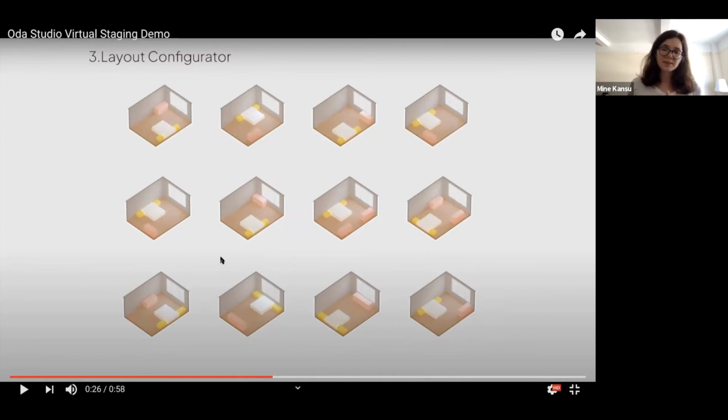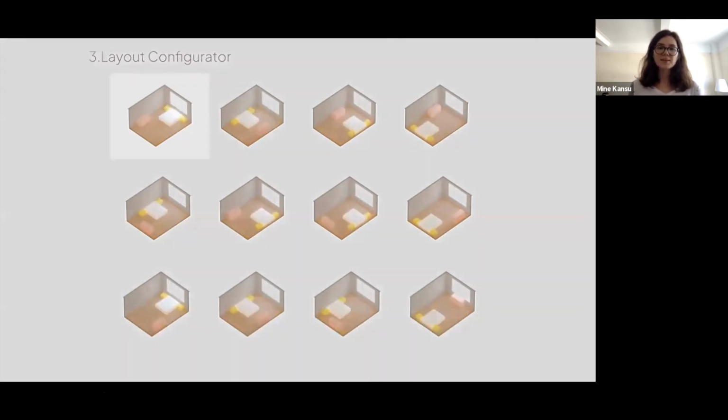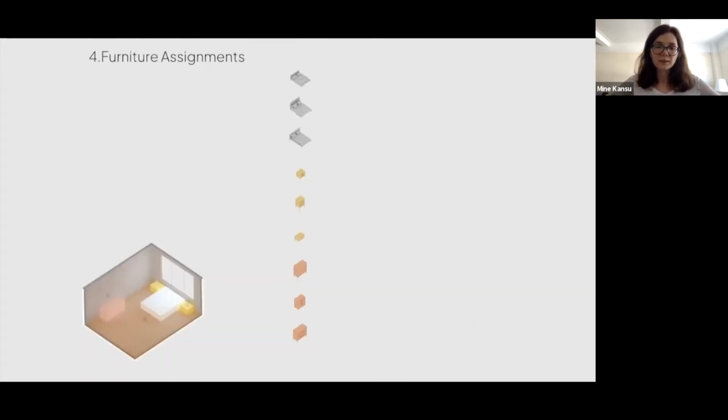So that's the data angle of our platform that kicks in here and helps you choose from the options that we found are more attractive to different customer segments. So that's the different layouts, and we identified the one that we found to make the most sense.